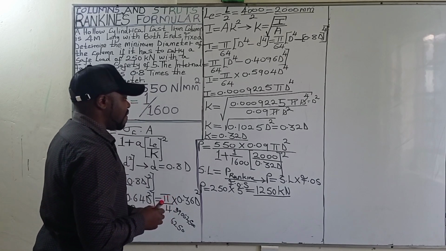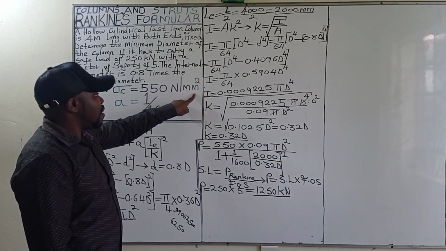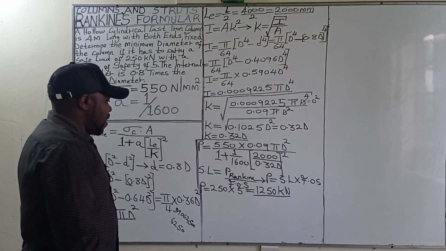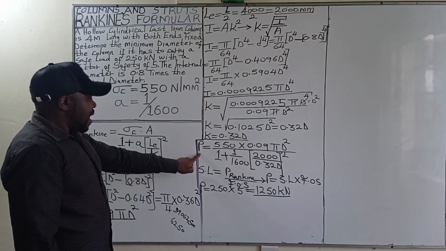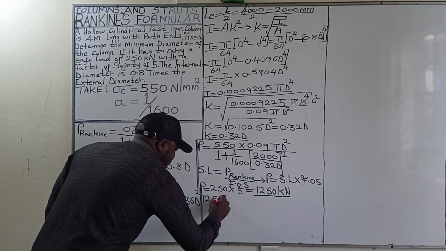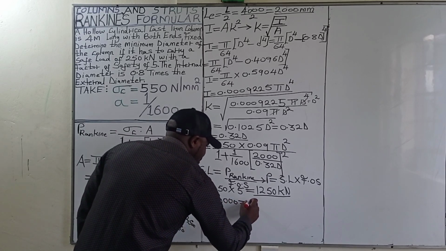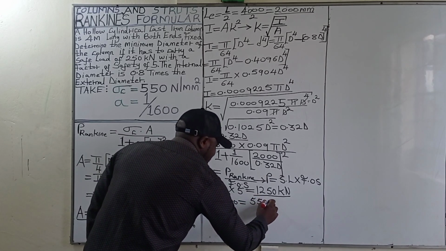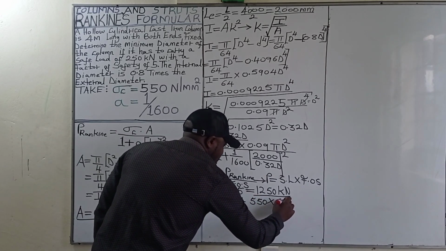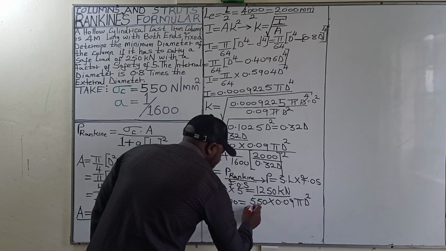We are going to convert it to newtons since the crushing stress is given in newtons per square millimeters. Therefore, P Rankine will be 1250 multiplied by 1000 newtons, which will be equal to 550, that is the crushing stress, times cross-sectional area 0.09 pi d squared.